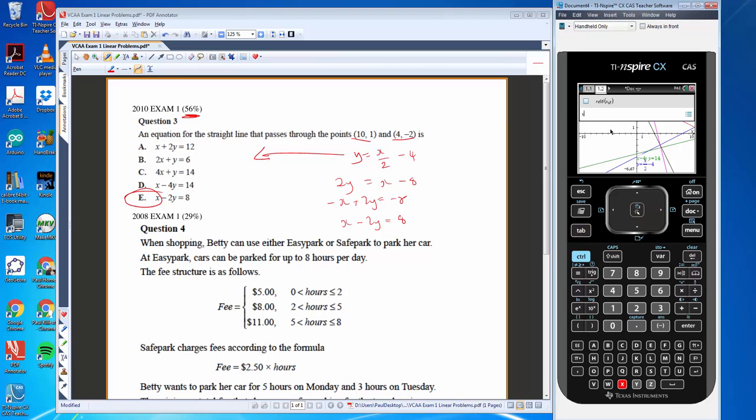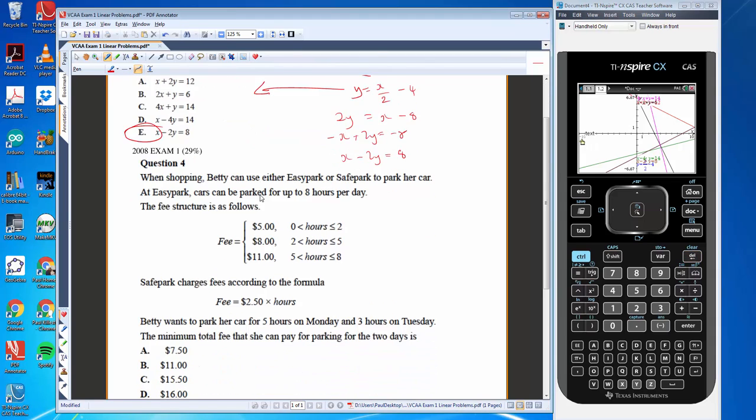And the final one, x take 2y equals 8. Oh dear, that didn't work. x take 2y equals 8. There it is. Must have mistyped something on that last one. So there we go, we've got the matching equation. That's another way to do it, just check which one is exactly the same equation.